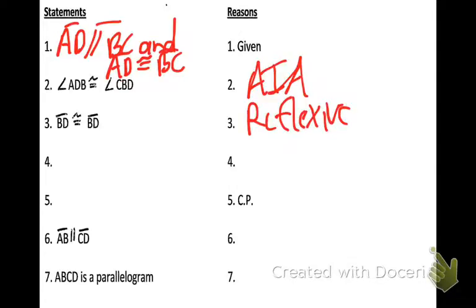What do I want to say in step 4? What would follow next in this proof? So we've got AD equal to BC, we've got ADB congruent to CDB, and we've got BD congruent to BD. Go ahead and circle or mark those things in your picture up above. Look at the picture up above, and then tell me what we could say as a result.